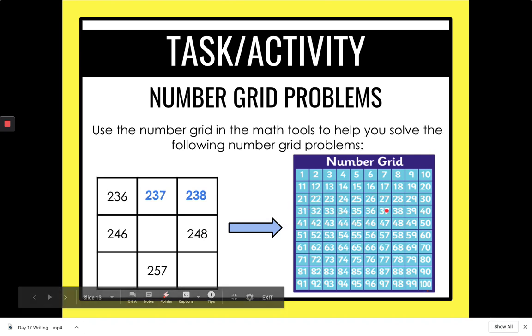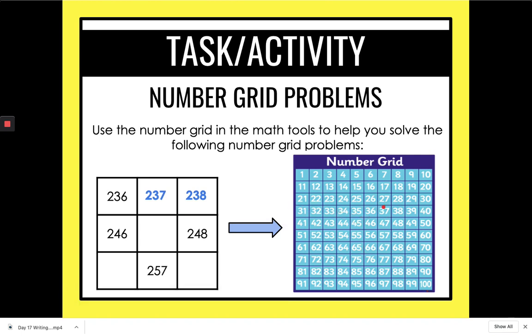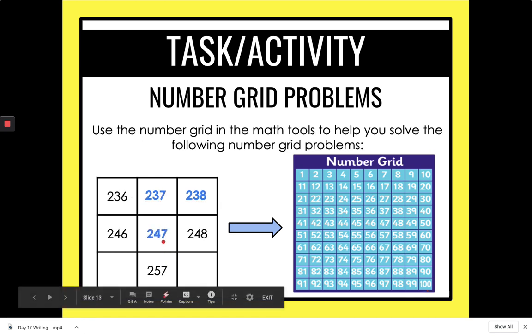When we drop to the next row, we got 37, and then underneath 37 is 47. So 237, 247. Now I can check my work. 247 minus 1 is 246. Is that right? Yes, so I know that I'm correct there.